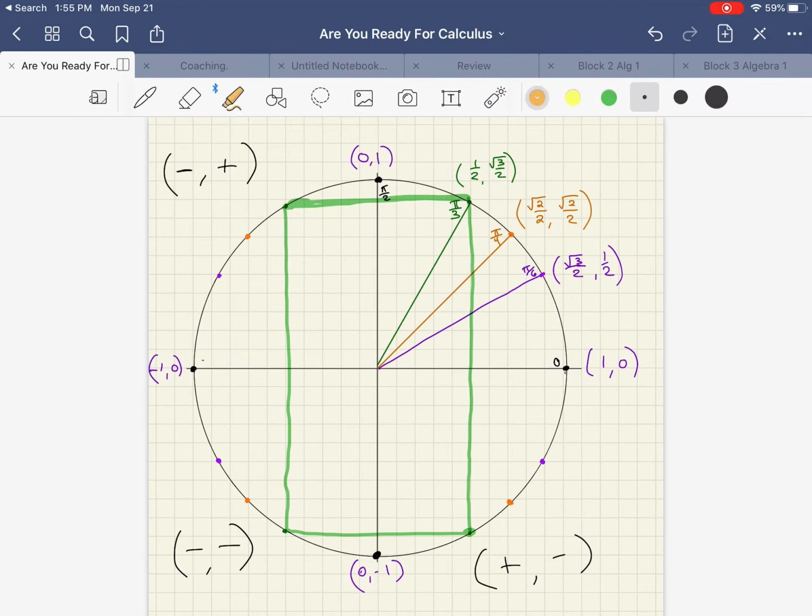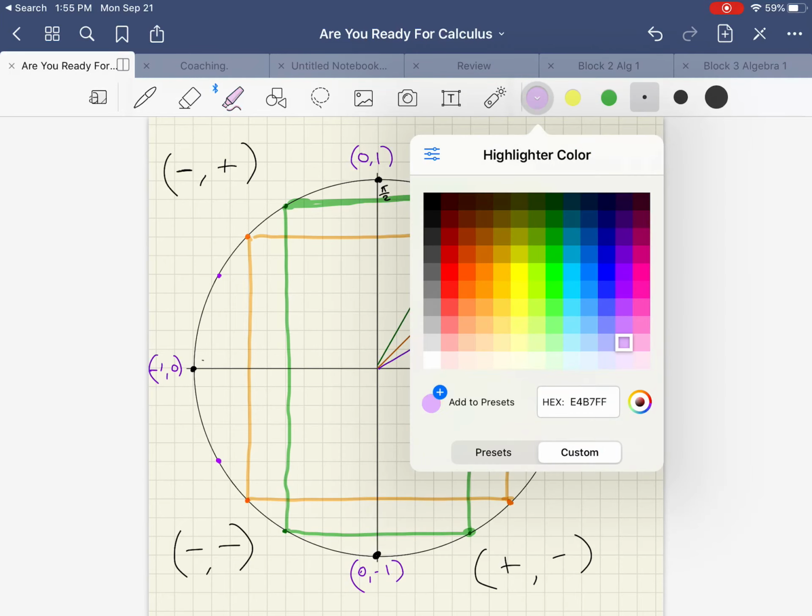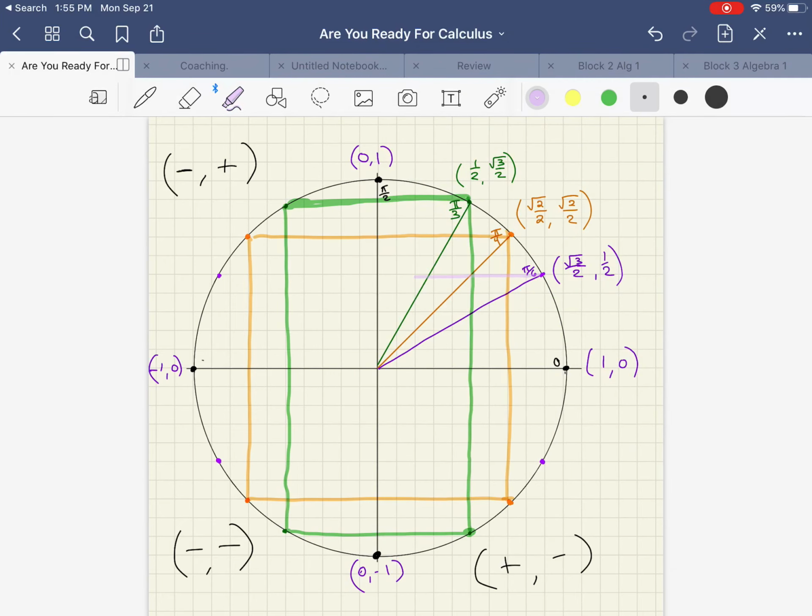because then we can do the same thing with our orange points here, and with our purple points, which I'll do in a very light purple so that it doesn't detract from the writing there.